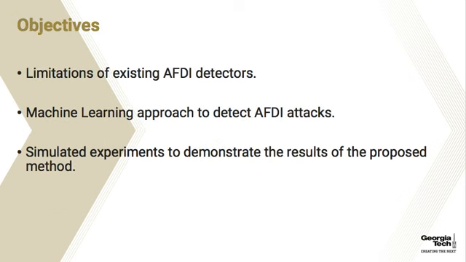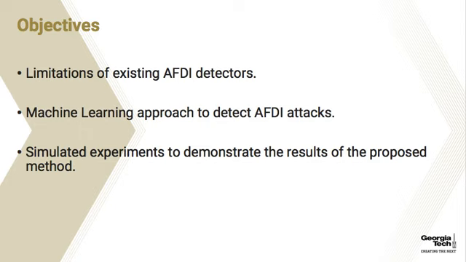In this slide, I have listed the main points that the authors intend to cover in this paper. In this paper, the authors evaluate and analyze the limitations of existing AFDI detectors. They describe common vulnerabilities that you may see in cyber systems today, such as denial of service attacks, and security has been a vital factor for CPSs, and many new vulnerabilities have been exposed.